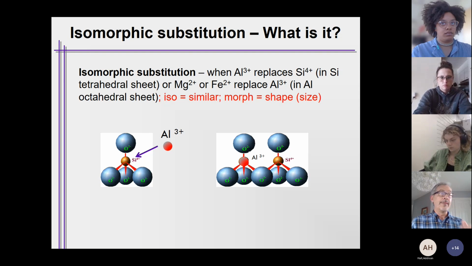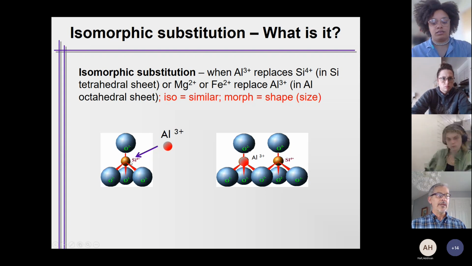And so the premise behind this, if you look at the example I have on the screen here, is when you have an element that's a similar size or similar shape to what element is present initially in the aluminum tetrahedron or the silica octahedron, we'll talk about that next.